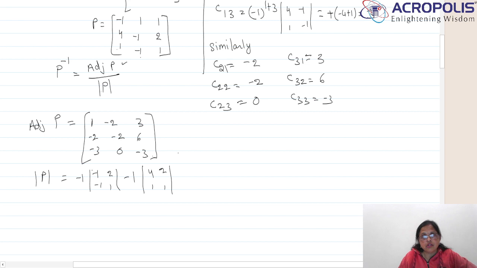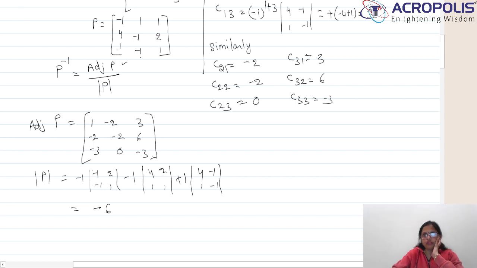And the third one is plus 1 times the first row third column minor, 4, 1, minus 1, minus 1. Now if we solve this, we get minus of 6.